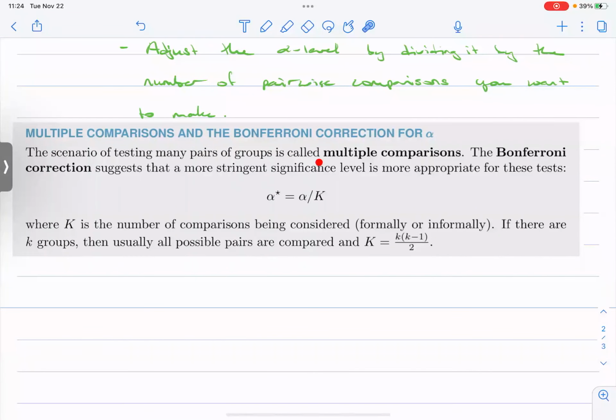The Bonferroni correction suggests that you adjust your alpha level, so a more stringent significance level is more appropriate for these tests.